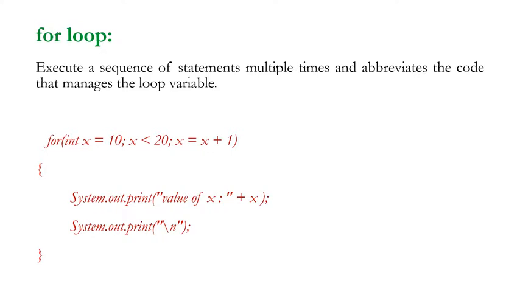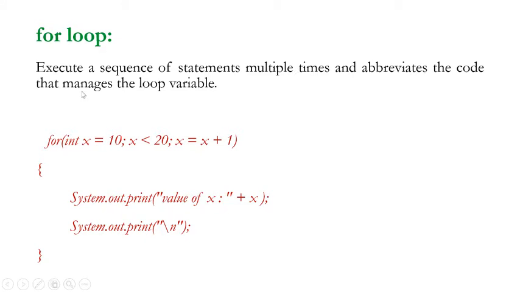Now the third one is the for loop. The for loop is also used when you want to iterate or execute the statement multiple times. In the previous loops, you first execute the statement and then you verify whether the condition is correct or not.